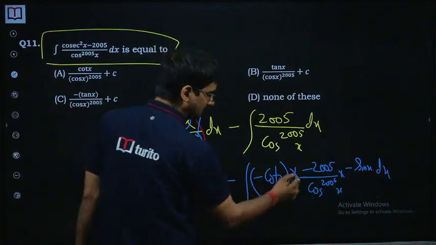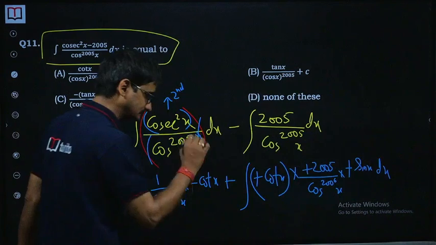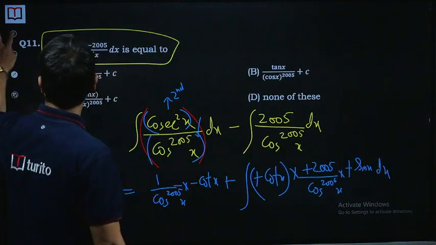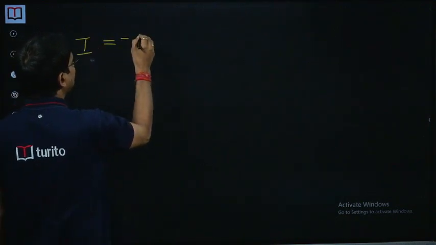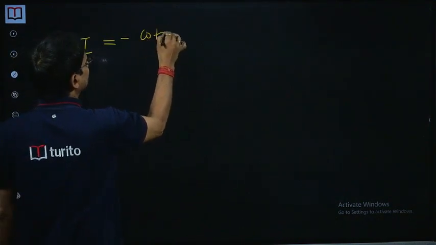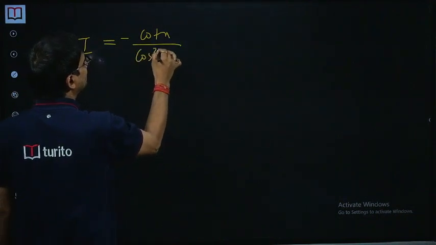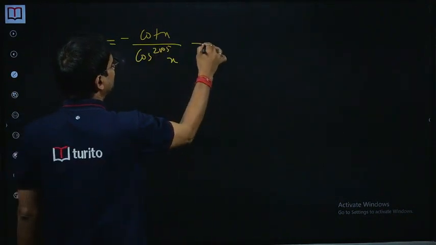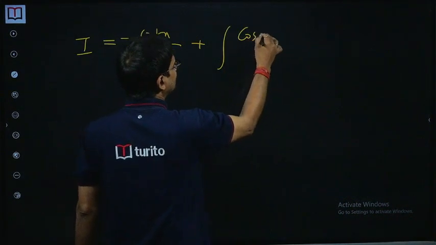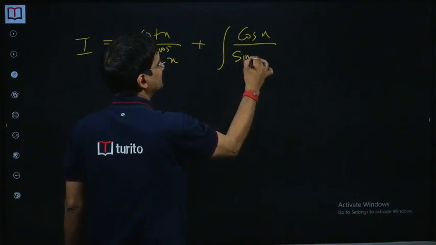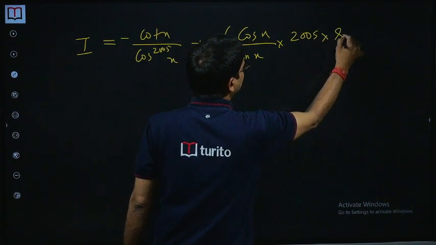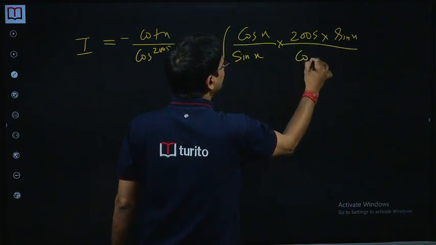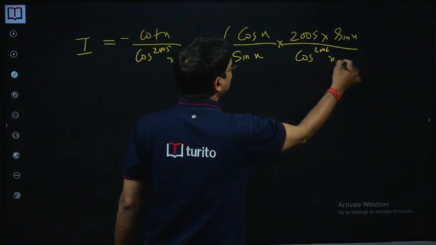So there are plus here. Now I will write cot in terms of cos and sine. So our integral is minus cot x by cos raised to the power 2005x plus, so it's cos x by sin x into 2005 sin x by cos raised to the power 2006x dx.